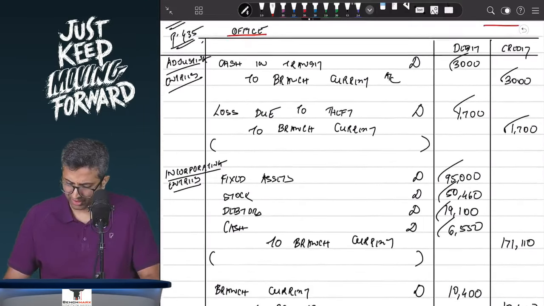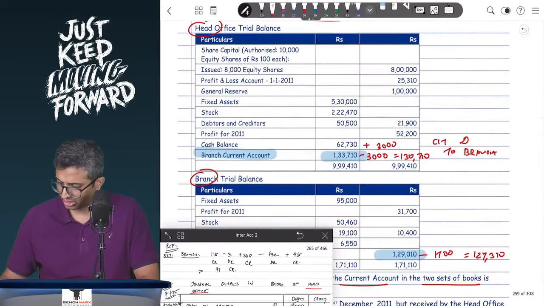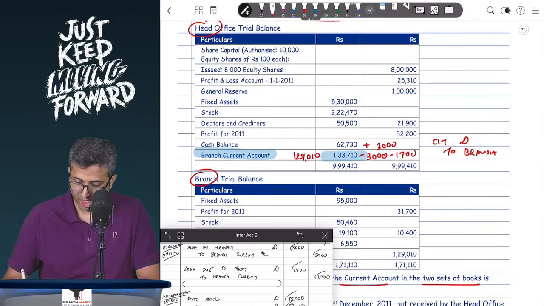Okay, so this will be 133,710 minus 3000 minus 1700, which is 129,010. So now it is getting reconciled.